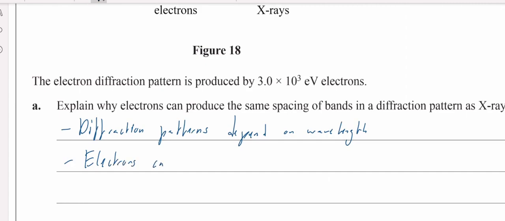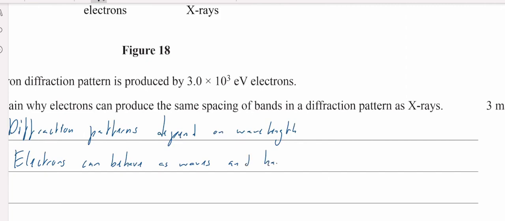Electrons can behave as waves and have a wavelength.